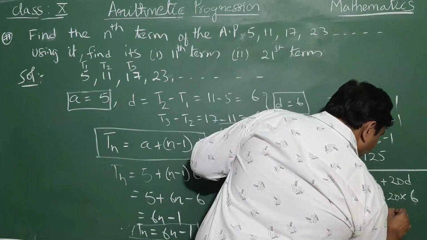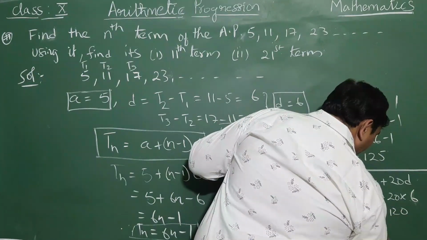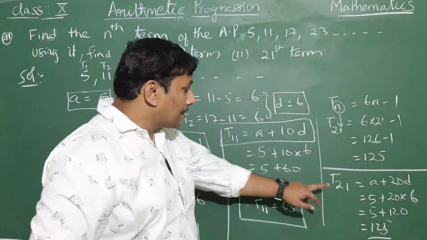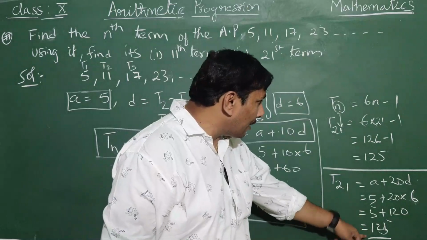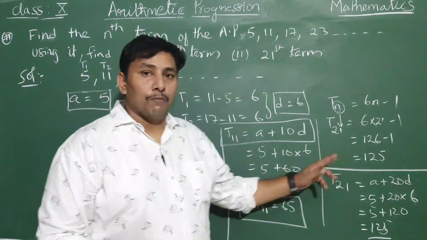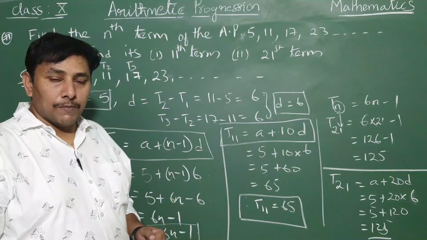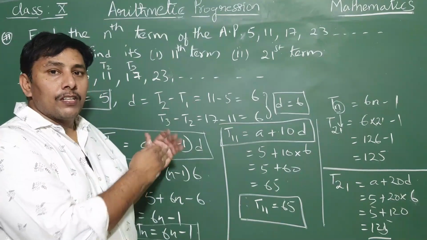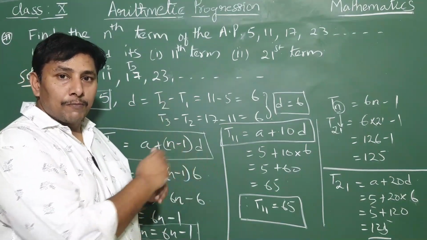So 5 plus 20 into 6 is 120, which is nothing but again 125. So by using the Tn formula we got 125, and even by using the general formula we got 125. So both ways we can do this problem. If you don't follow, please pause my video, try to understand and then proceed.